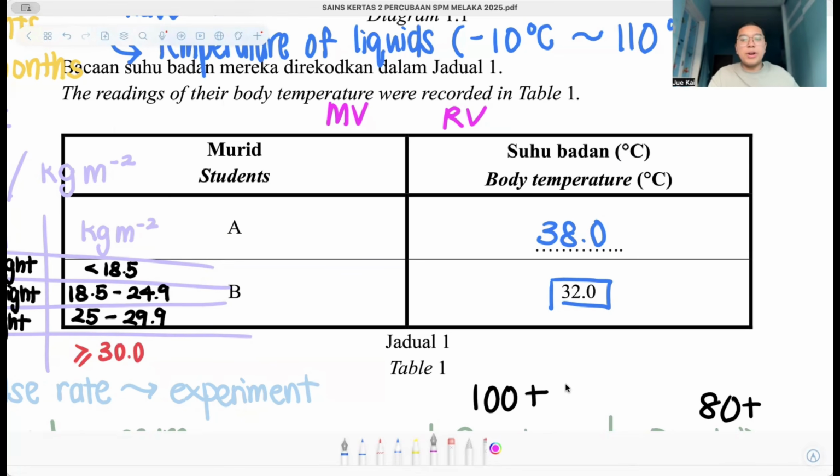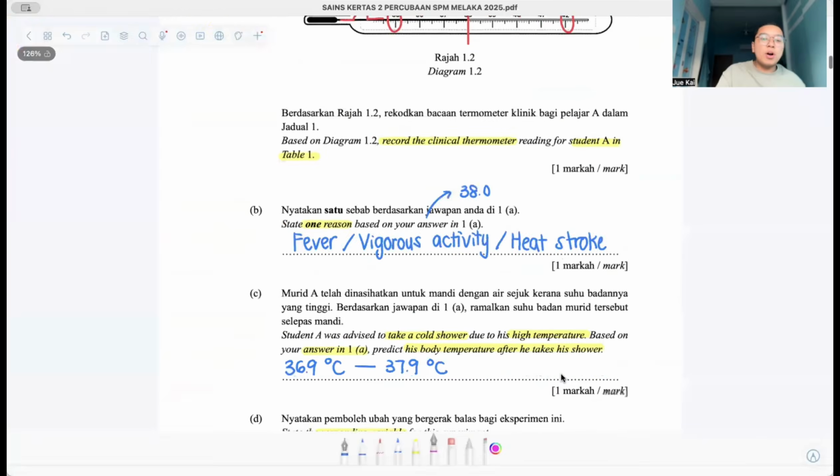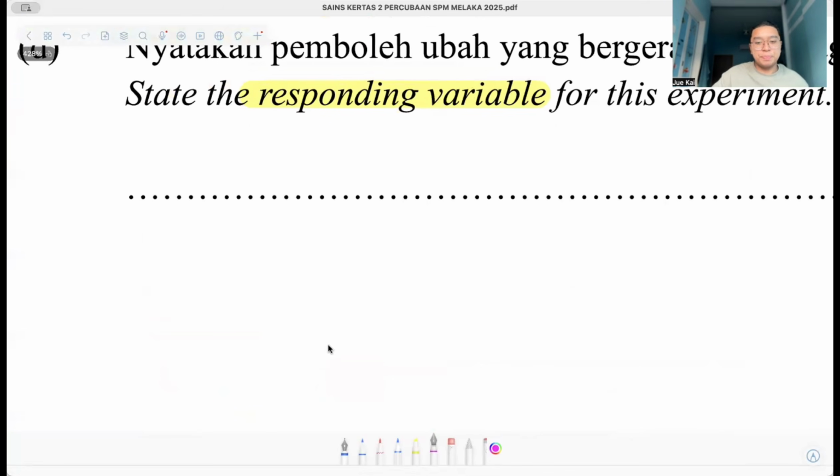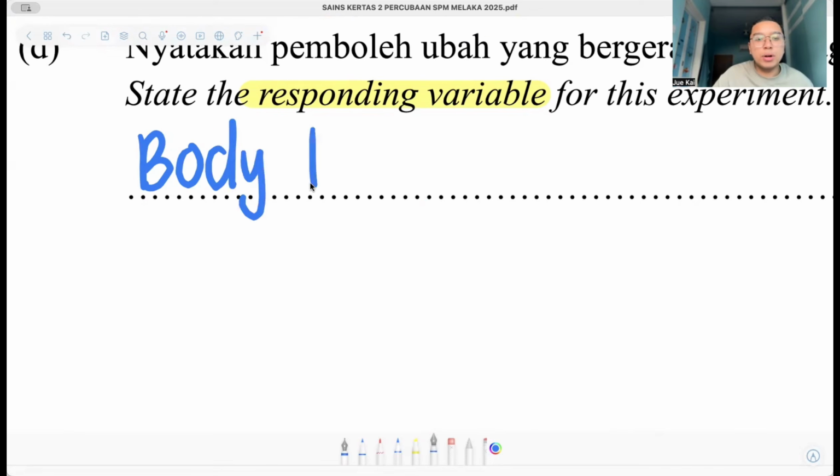Okay, so for this question, you just write down the answer body temperature. That's all. No need to waste time. But sometimes they don't accept this answer. Why? They don't accept the answer body temperature. Wait.